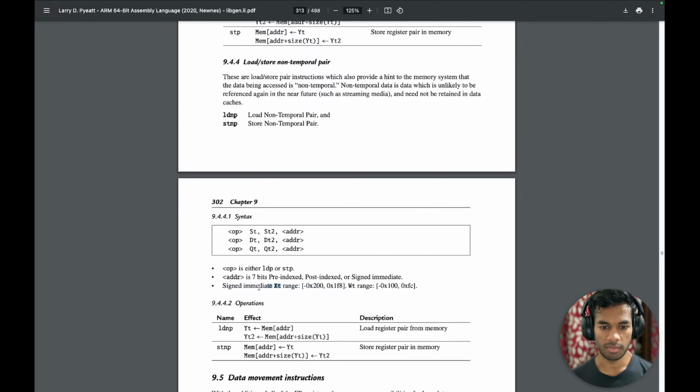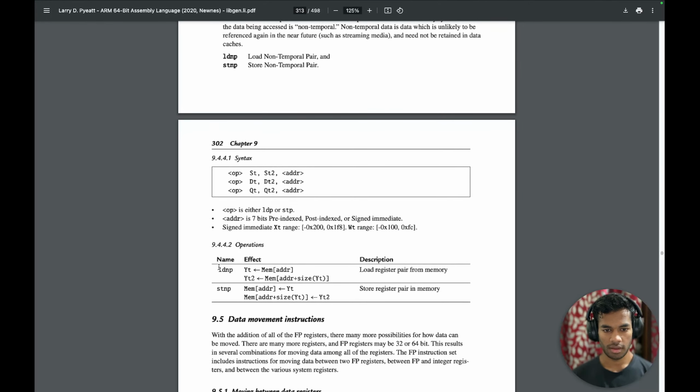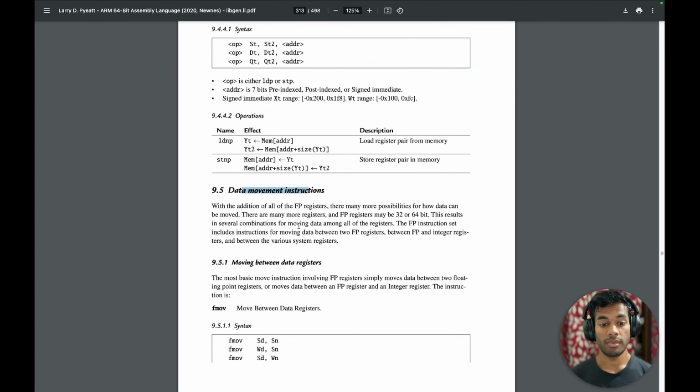If I'm using the whole range, then signed immediate this, and for a word it is half. Okay, in load I get the value from memory into here, and in store I store from there to memory. I'm getting into the YT register the value at the memory location address, and then adding to it the size of the address. Yeah, that makes sense.